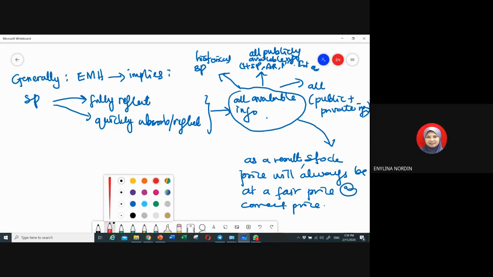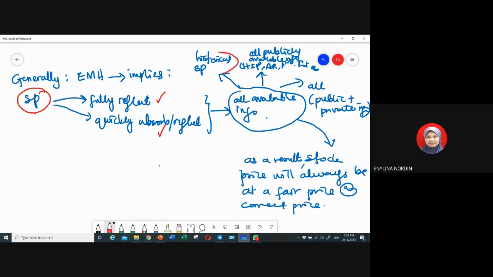So now let's say the stock's price number one fully reflects and also quickly absorbs the information. But this time, let's say the stock's price only fully reflects and quickly responds to the historical stock price only. These types of information.